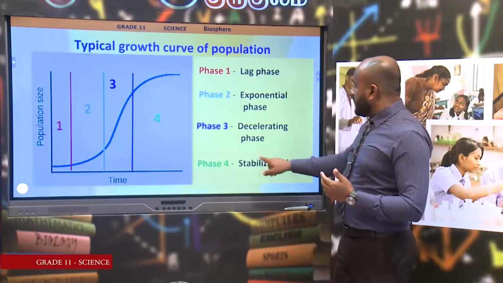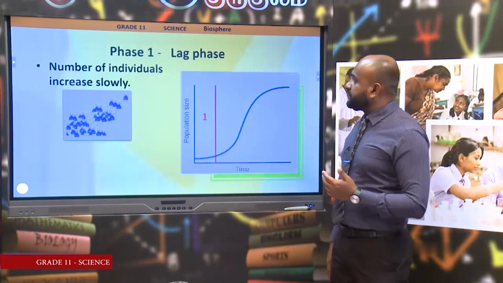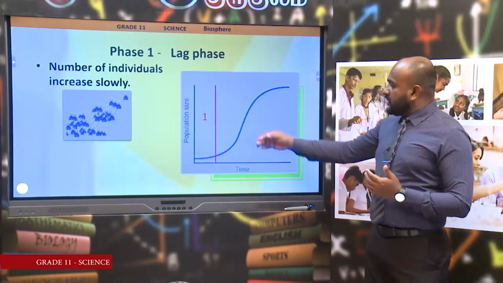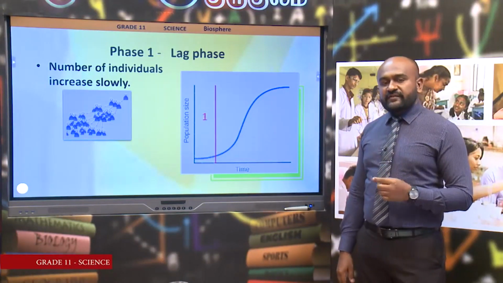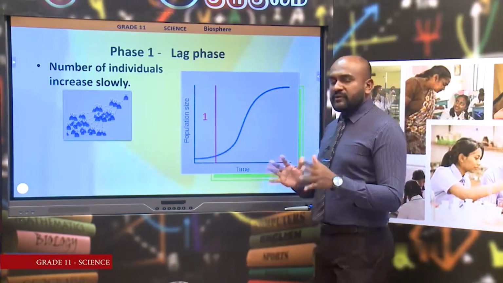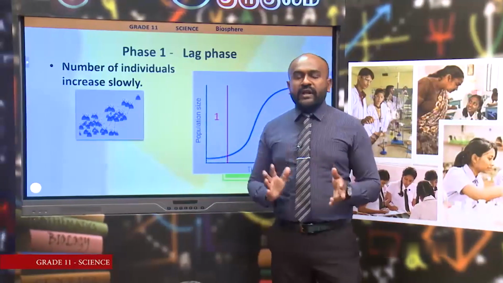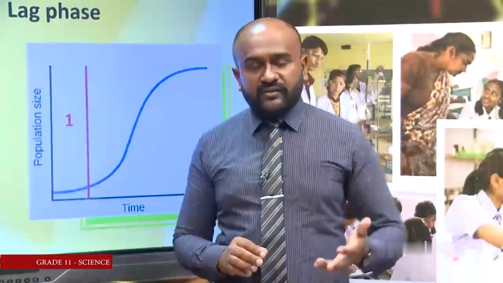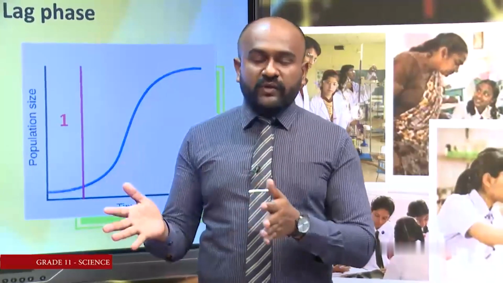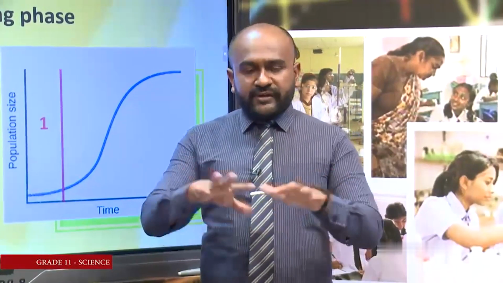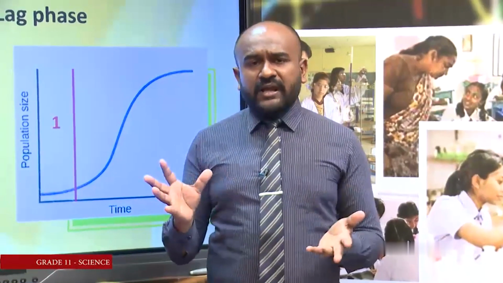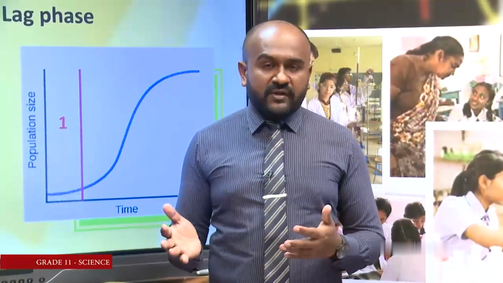Okay. Let us see the first one, the lag phase. You see a slow growth rate in the lag phase. So, what do you think? Why does the number of organisms increase slowly at this phase? Just think of a group of organisms which have gone to a new area. They are not really adapted to the area, and they may not be sexually mature organisms.